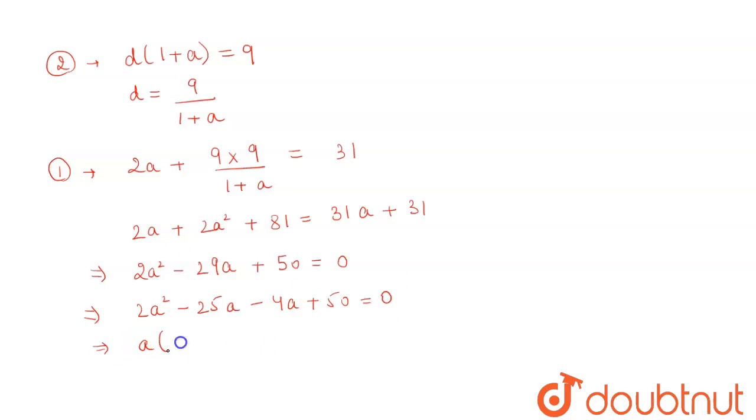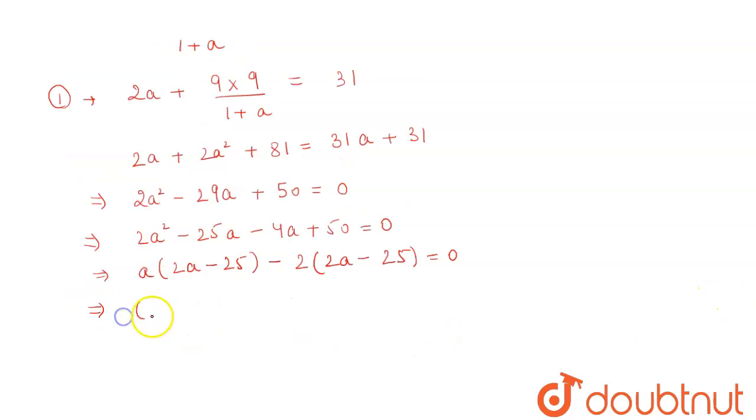Taking a common, we get a(2a - 25), and taking -2 common, we get -2(2a - 25) = 0. From here we get (a - 2)(2a - 25) = 0, which gives the value of a to be either 2 or 25/2.